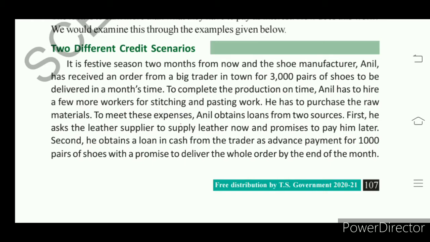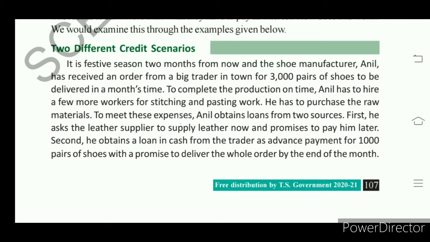Without giving the 3,000 pairs of shoes, a certain amount equal to 1,000 pairs of shoes is taken by Anil well in advance. So this amount equal to 1,000 pairs of shoes, and the leather which he took as a loan from the leather supplier, is used by Anil to make 3,000 pairs of shoes.